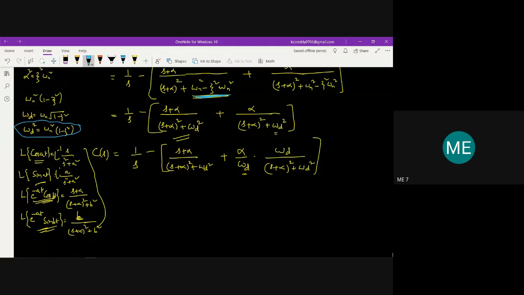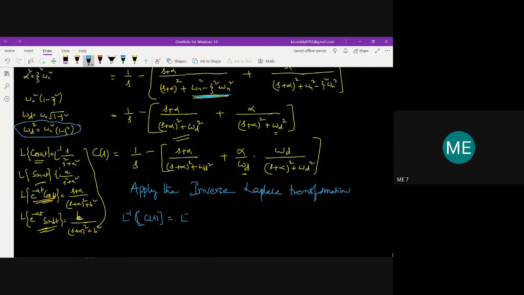Applying the inverse Laplace transformation, that is L inverse, means I am converting this frequency domain into the time domain.